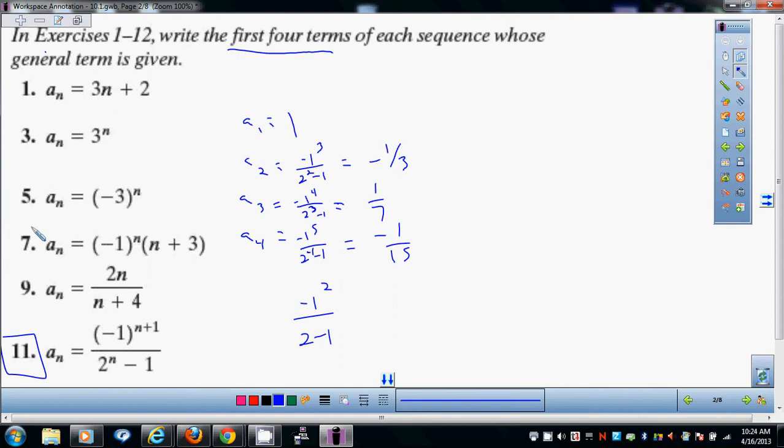Well, Jocelyn, do you have a sub 3 for me? 1 over 7 is what I got as well. And who has a sub 4? Ashton. That's what I got. I got a sub 3 was 1 over 7, and a sub 4 was negative 1 over 15. You just plug 3 in for n.